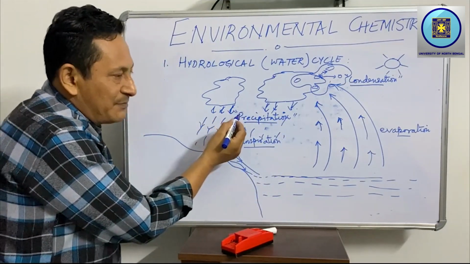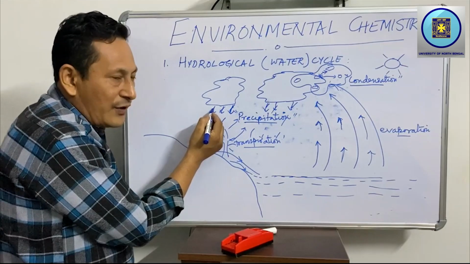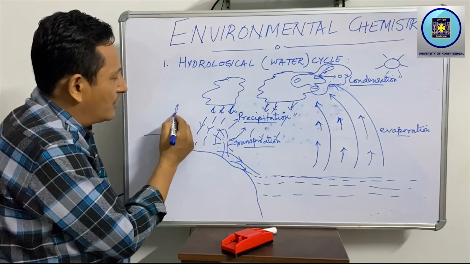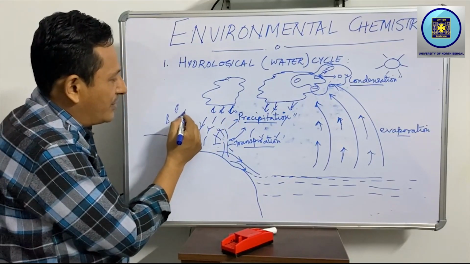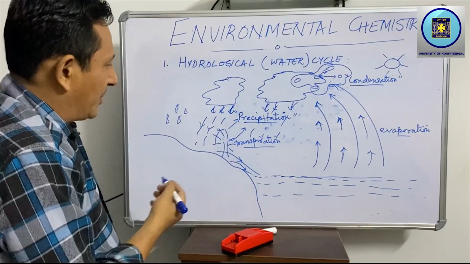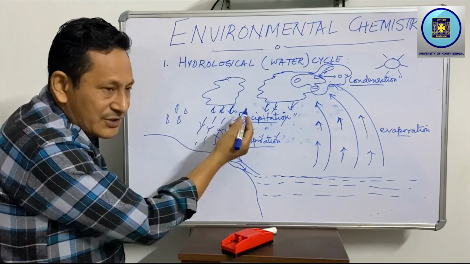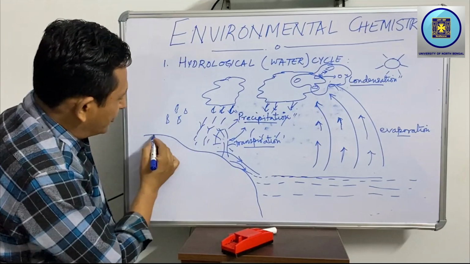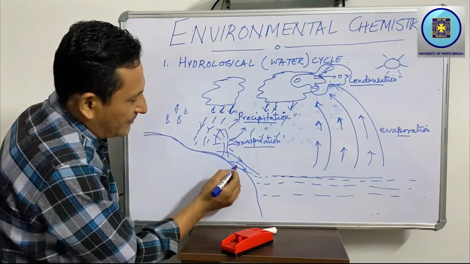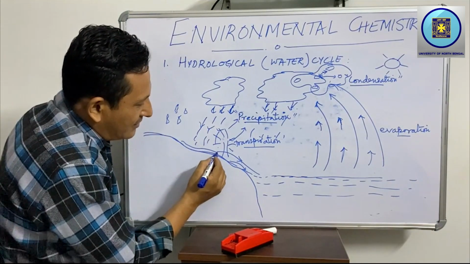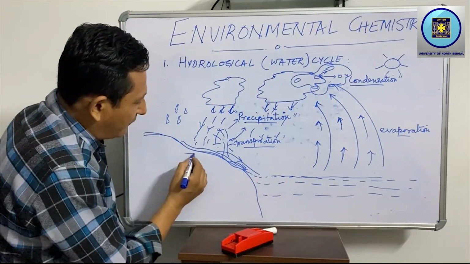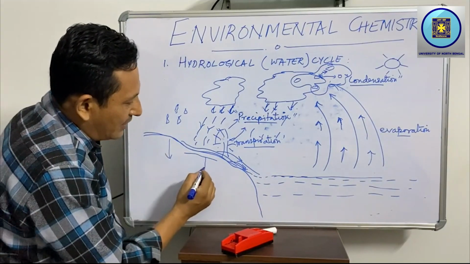The precipitation can happen in the form of rain or in the form of snow, depending upon the temperature. Once this precipitation occurs, it comes to the land, right? And from the land, it might run off, or it might percolate deep into the earth.